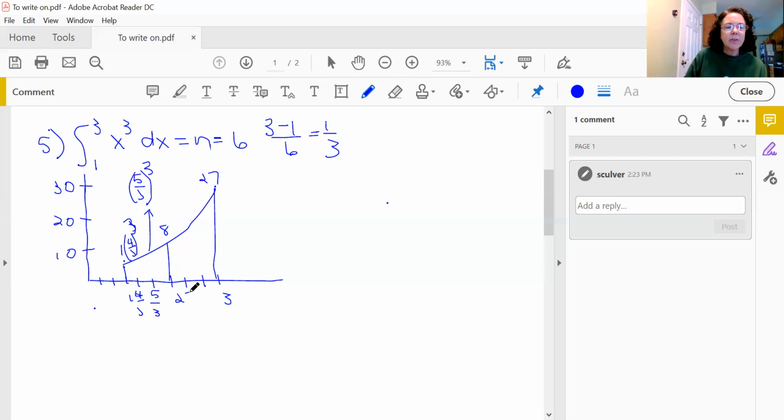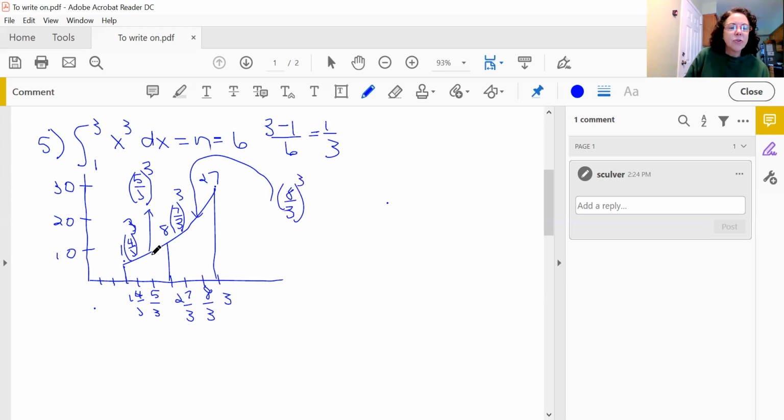Here is 7/3. So that function value is 7/3 cubed. And then here's 8/3. And that function value, I'll just put it right here, is 8/3 cubed.